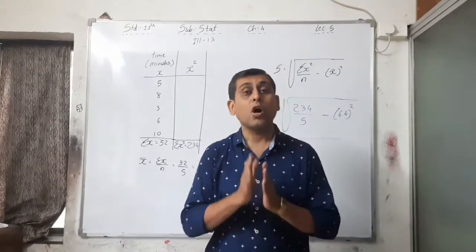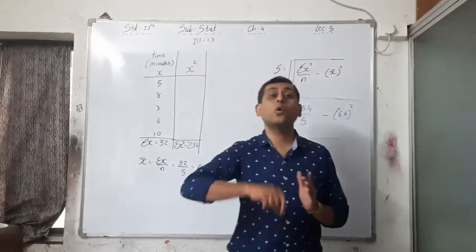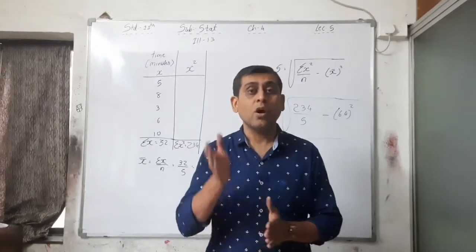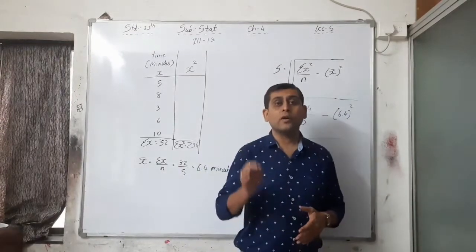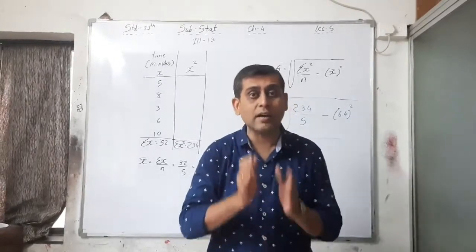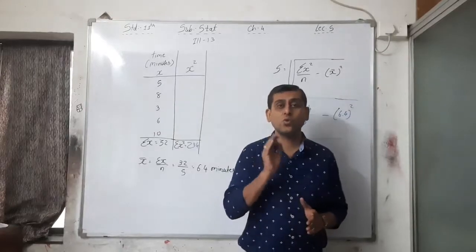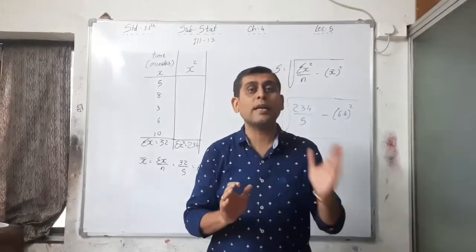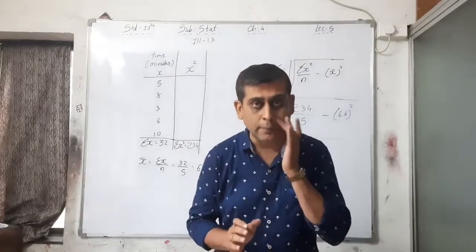But here all the x, that is all the observations, are above 80 or 100. I told you that whenever all the observations, ungrouped or grouped, are above 80 or 100, even if it is not specifically asked to do this sum by shortcut method or by direct method, you have to take the shortcut method compulsorily.